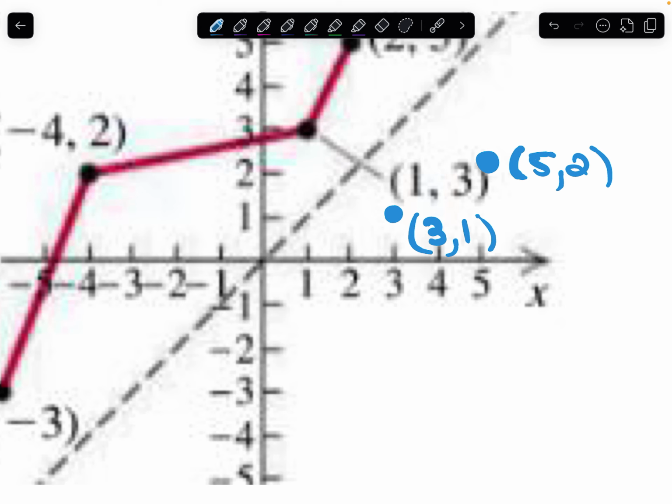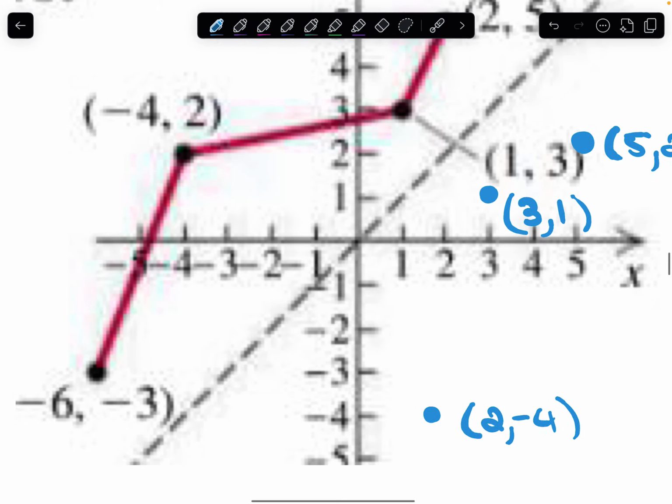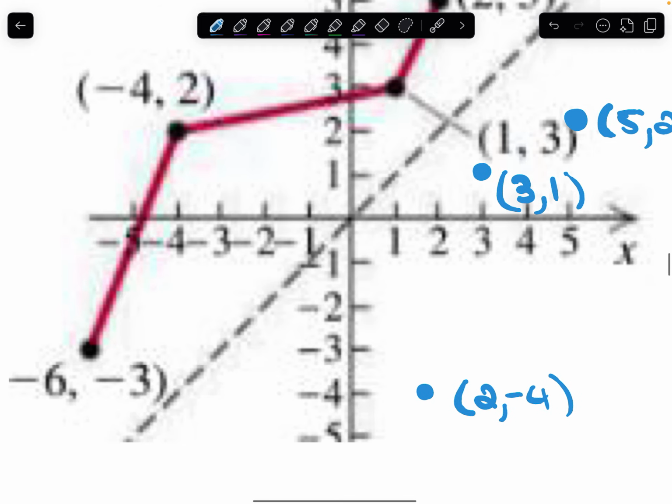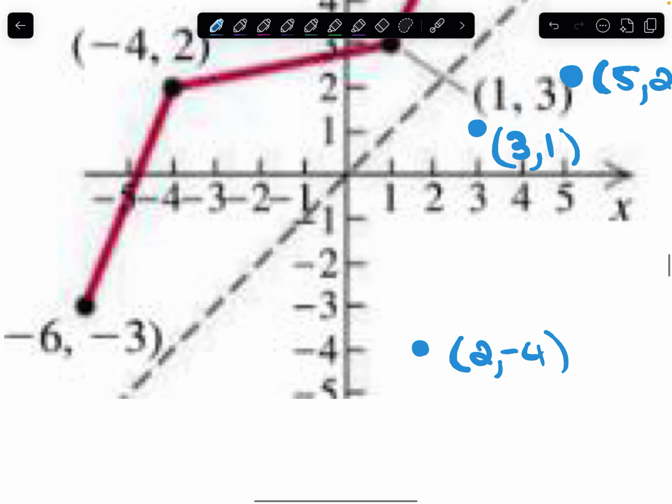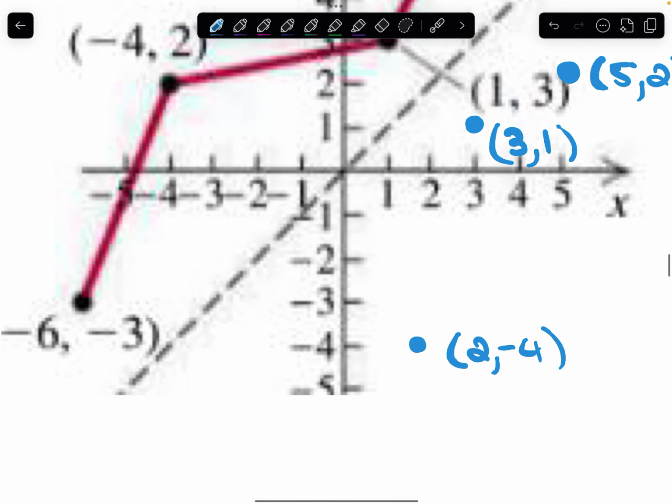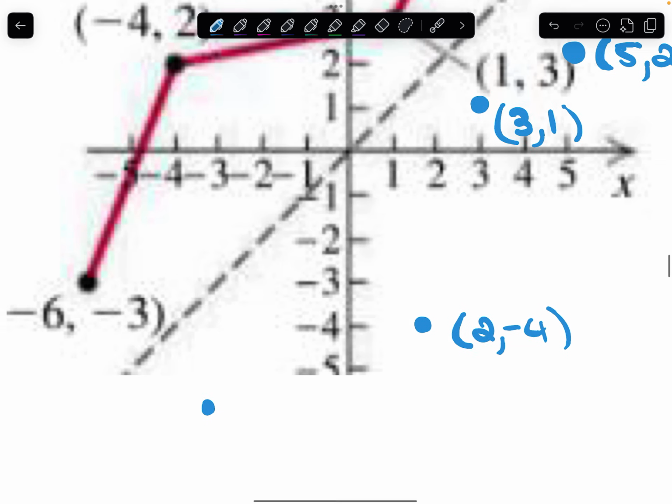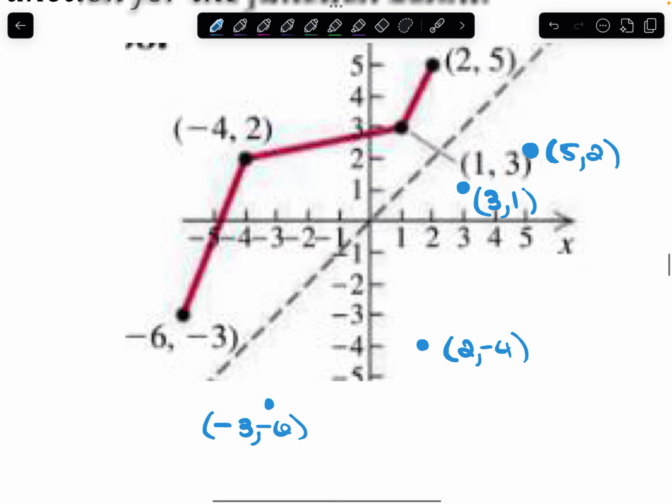Swap it to (2, negative 4), which I think is about right there. And finally, (negative 6, negative 3) becomes (negative 3, negative 6). Negative 3, let's go here-ish. All right, so we have our points.